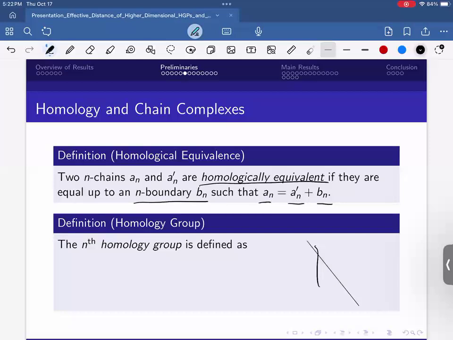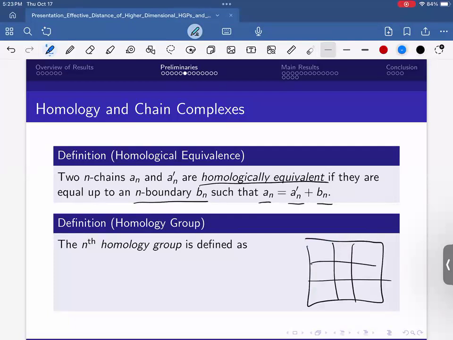If you have a grid again, and you have one n chain that looks like this, and then you add the boundary of this particular square, which looks something like this, we can say that the blue n chain and this new red n chain that I'm about to draw are the same.